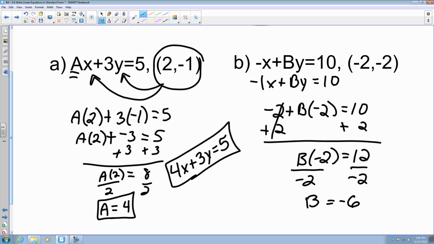Since we have -6, that's our missing coefficient. To rewrite this, it is -x minus 6y equals 10.